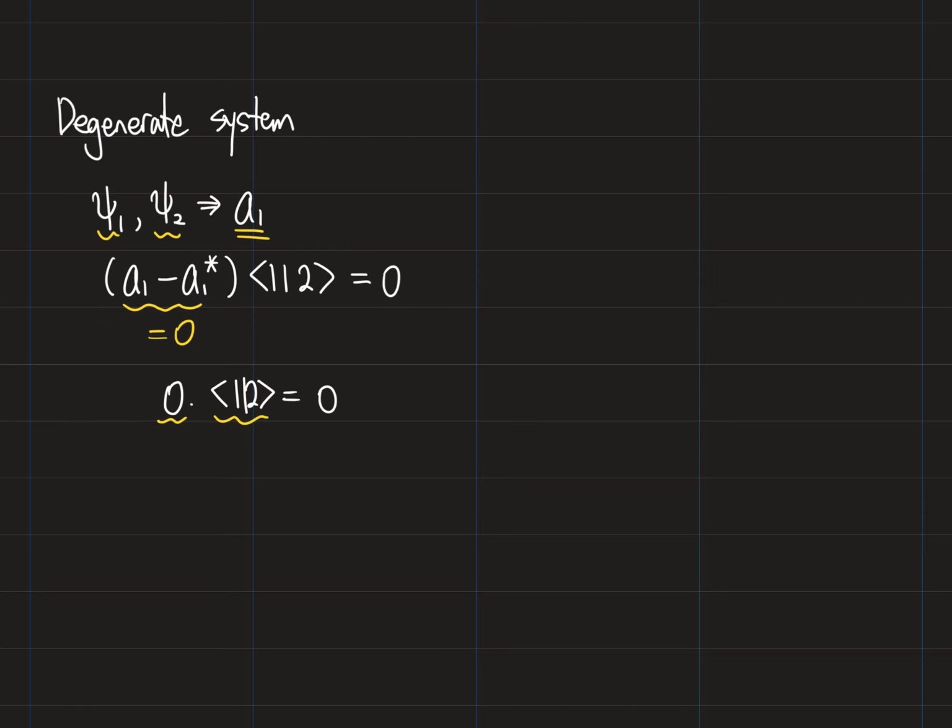So if the system is in degeneracy, we cannot really say that two eigenfunctions form an orthogonal set, but there is always a way that we can make them orthogonal to each other.